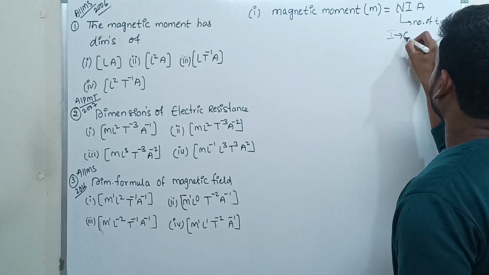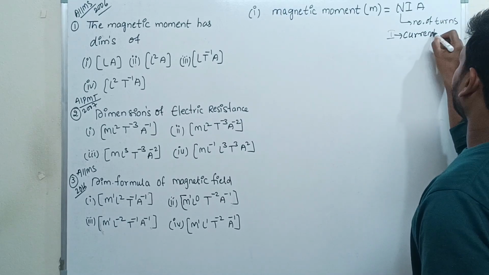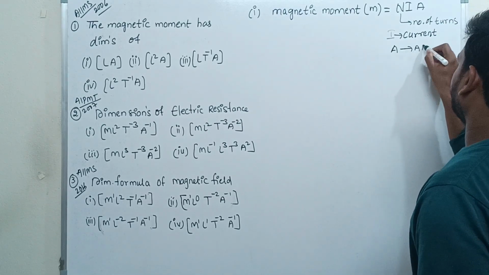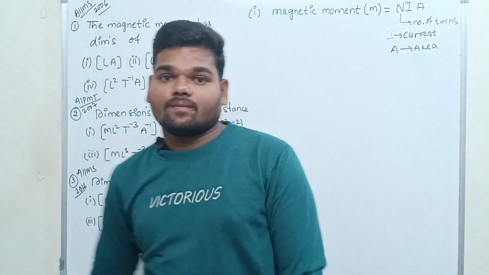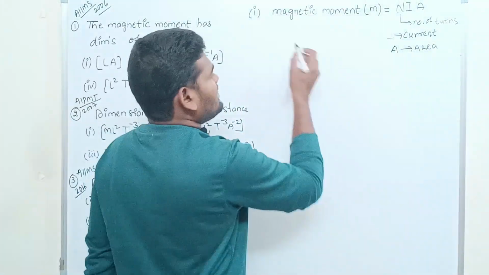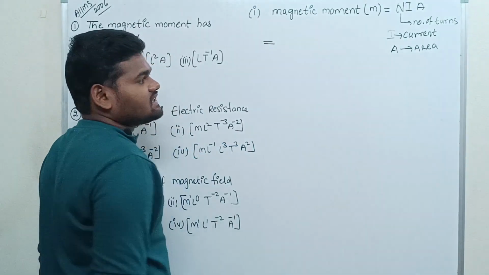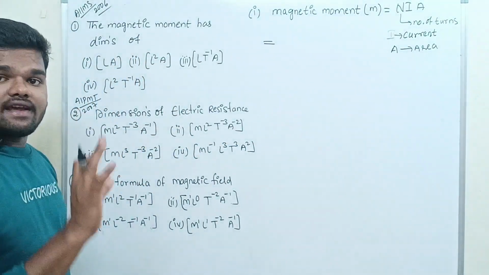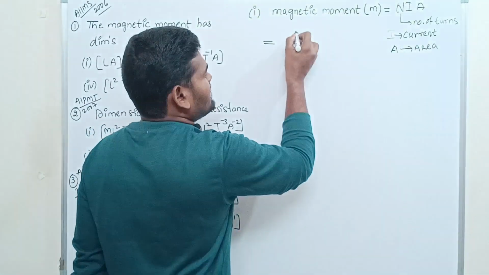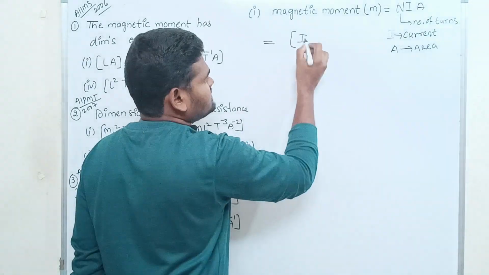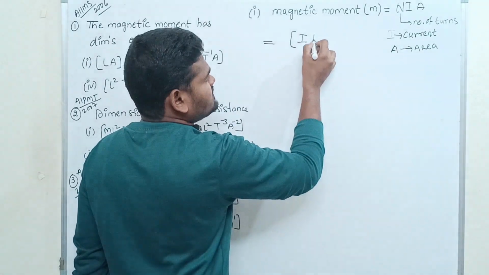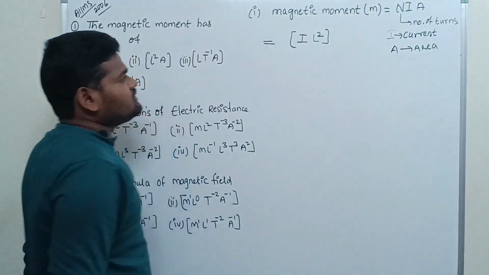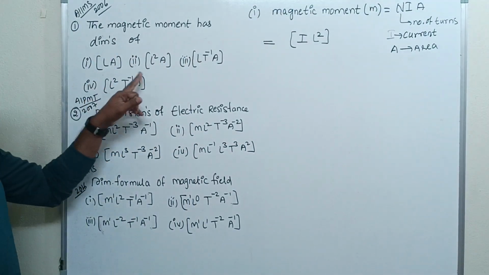I tends to what? Electric current. A tends to what? Area. Okay. So N is a constant value. Constant does not have any dimensional formula. So I means electric current, and the area means L square. I into L square.